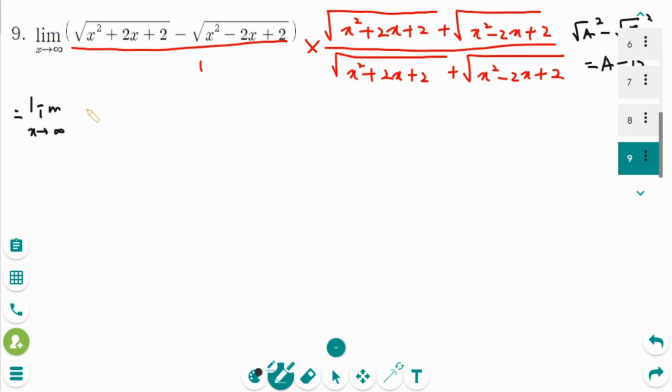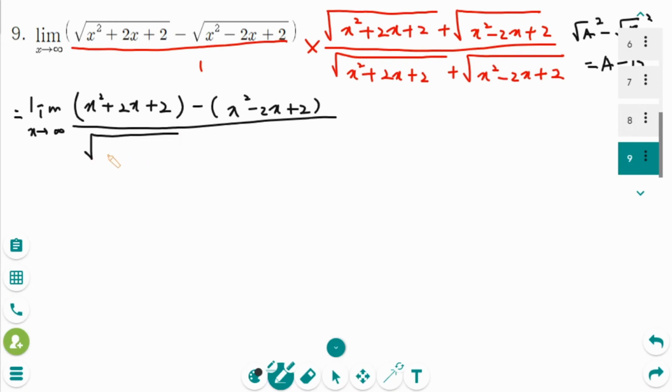So this one is x squared plus 2x plus 2 minus x squared minus 2x plus 2 like this, and then square root of x squared plus 2x plus 2 plus square root of x squared minus 2x plus 2, and then simplify.